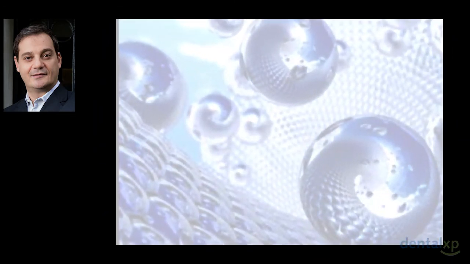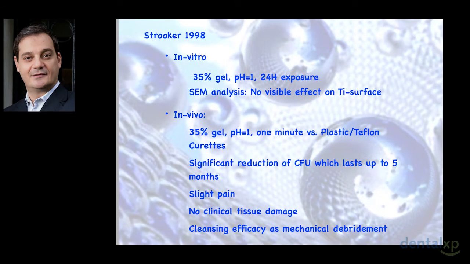And lastly, in the most recent one, 1998, I don't know how recent this can be considered, they took the phosphoric acid and did it in vitro and in vivo, and they found that in vitro there was no damage to the titanium surface, and in vivo there was no clinical damage, with cleansing efficacy as mechanical debridement. There was some slight pain, but there was a significant reduction in the bacterial load when phosphoric acid was applied.